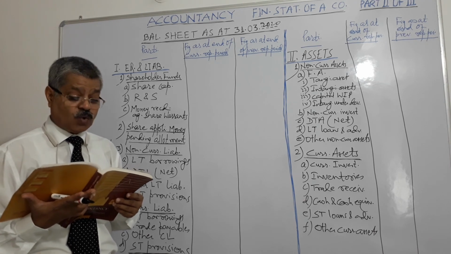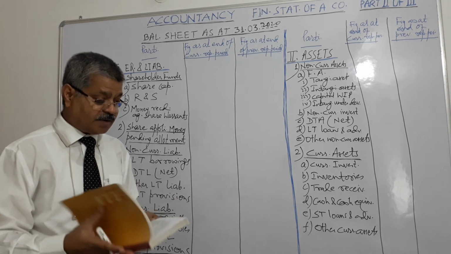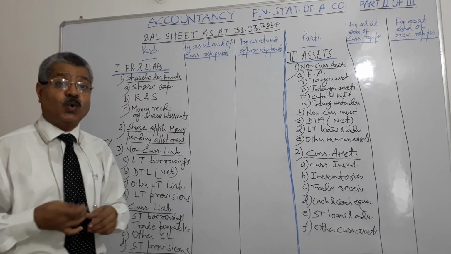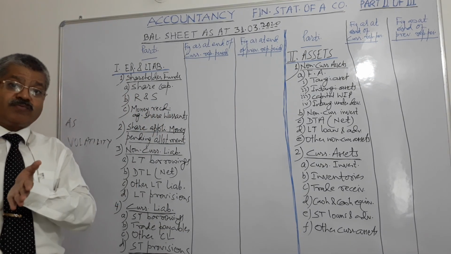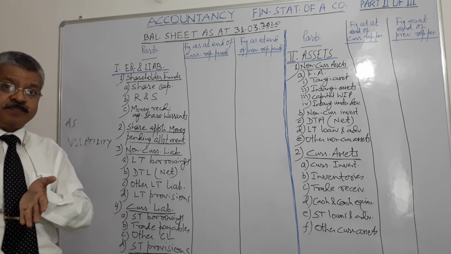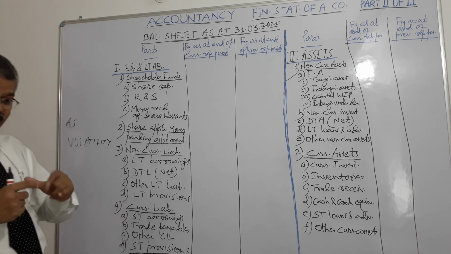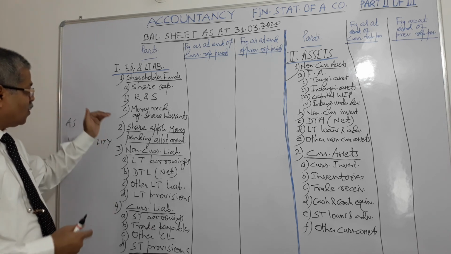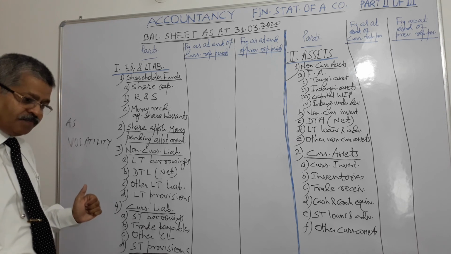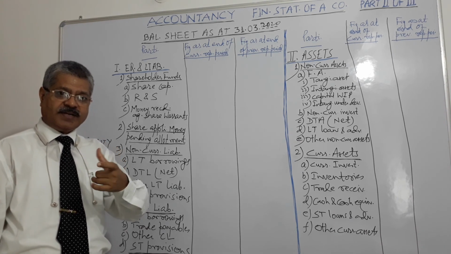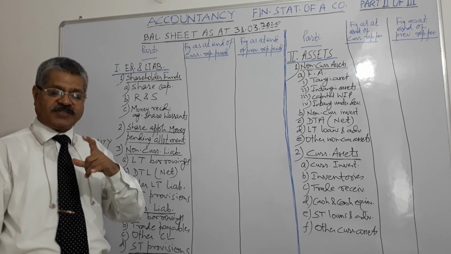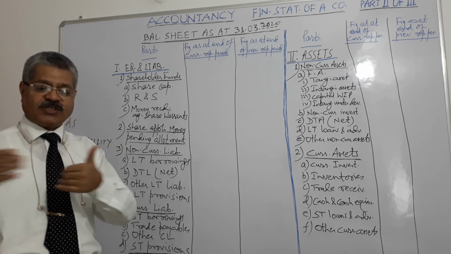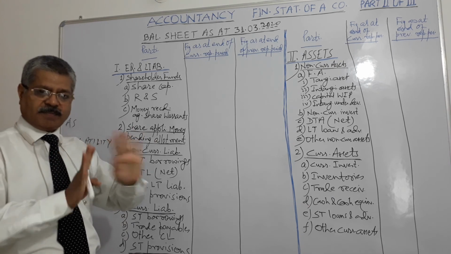Current liabilities. Current maturities to long-term loan, right? What is current maturities to long-term loan? Suppose the company has availed a term loan of 1 crore which is to be repaid over the next 5 years, equal 20 lakhs each, interest being paid separately.